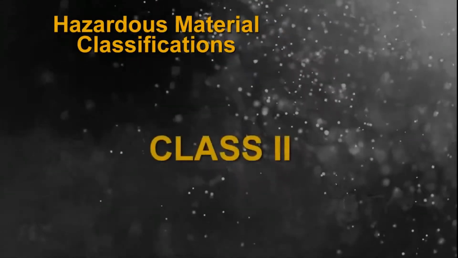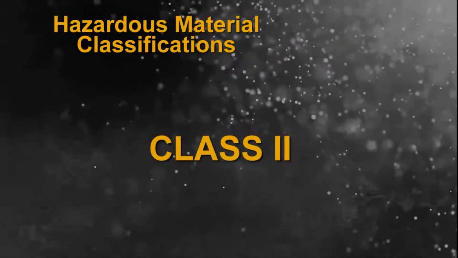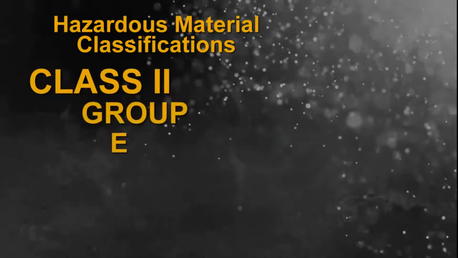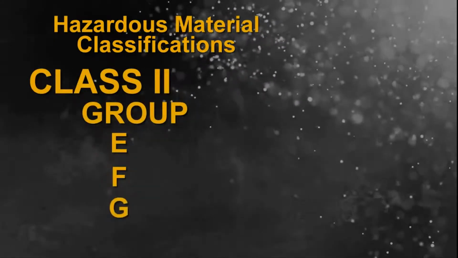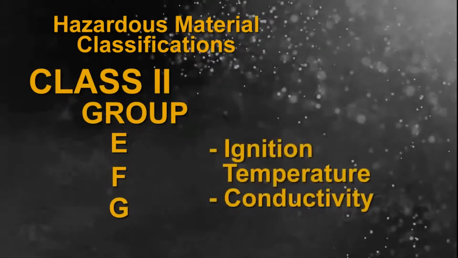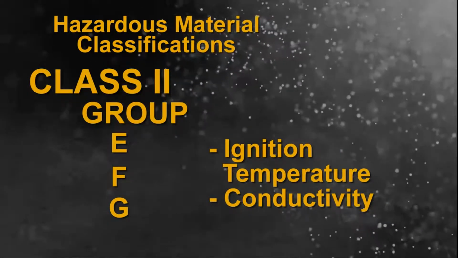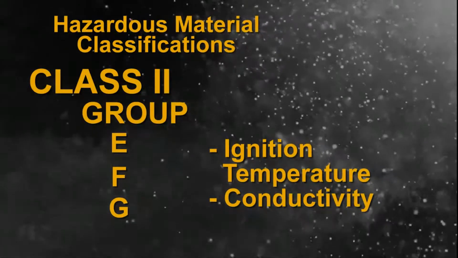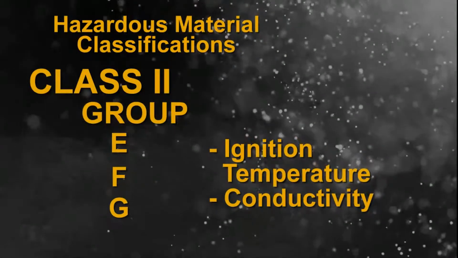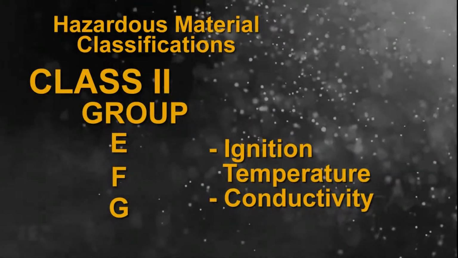In Class 2, dust locations, we find the hazardous materials in Group E, F, and G. These groups are classified according to the ignition temperature and the conductivity of the hazardous substance. Conductivity is an important consideration in Class 2 locations, especially with metal dust.